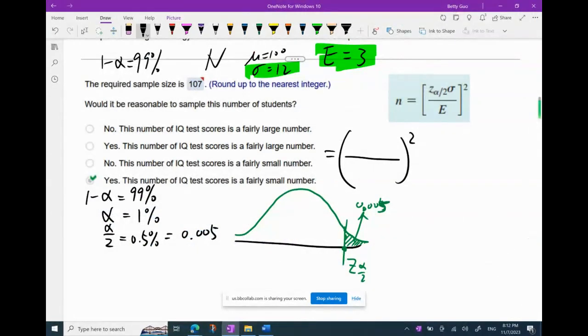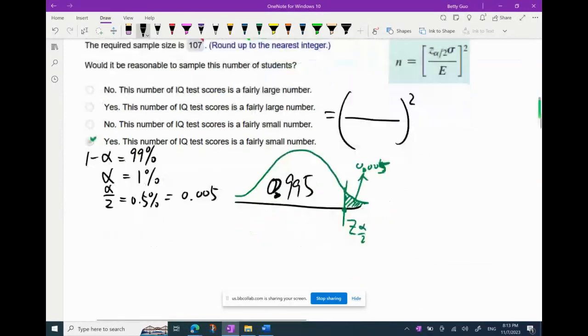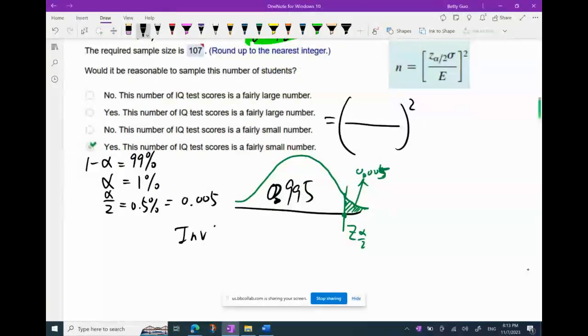So subtract 0.5% from 100%, we have 99.5%, so 0.995. We need that when we apply the inverse normal function to find z alpha over 2.